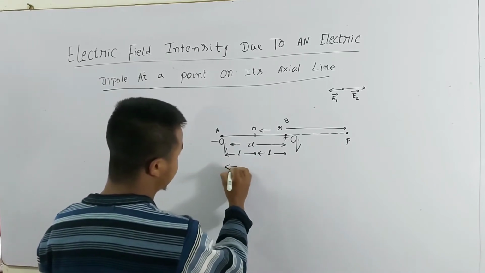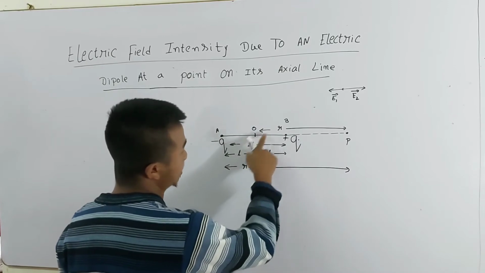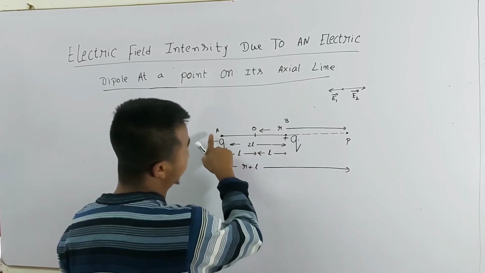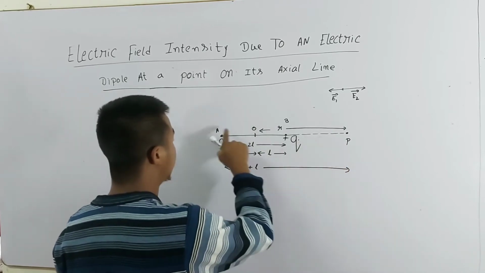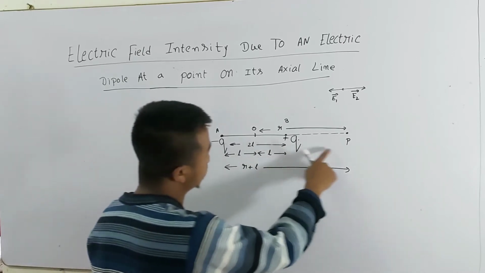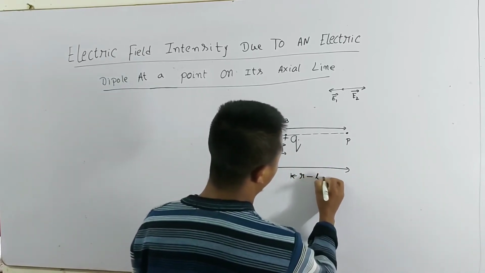The distance is R plus L. From P to O is R, and from O to A is L. So the distance from A to P is R plus L. And what is the distance of plus Q from P? It is nothing but R minus L.